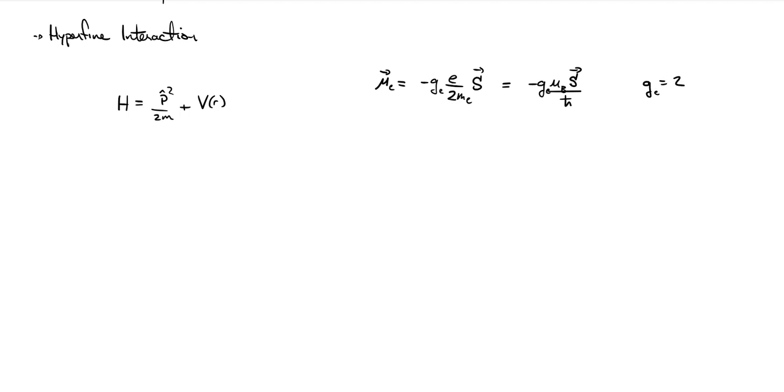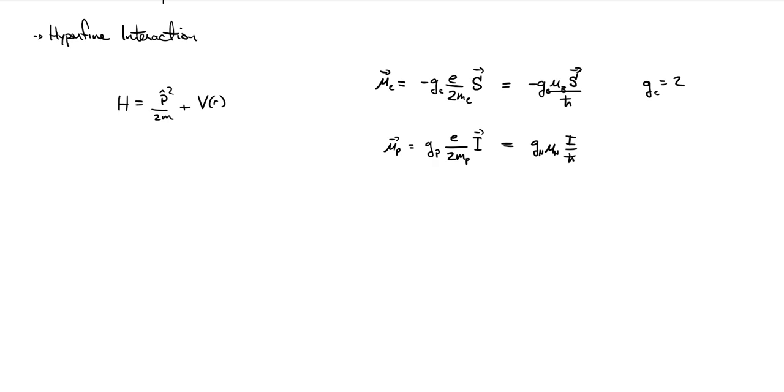The proton that makes up the nucleus in hydrogen has its own magnetic moment based on its spin, and it has an analogous magnetic moment involving the mass of the proton and the g factor of the proton. We're going to use I for the spin of that proton, or written another way, g of the nucleus, mu of the nucleus times I over h bar.